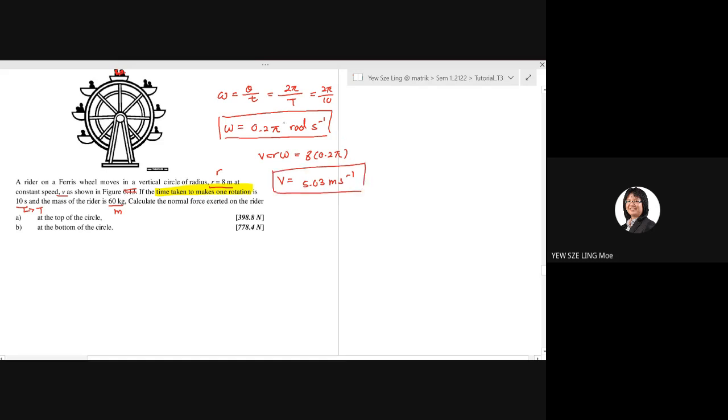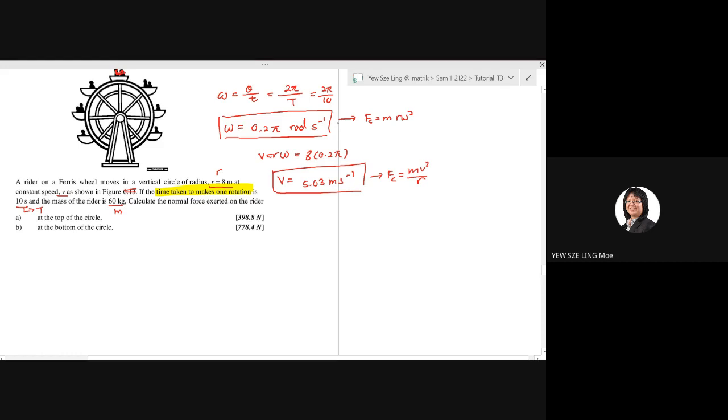The only difference is that if you use omega, you are going to have Fc equals m r omega squared. If you use v, you are going to have Fc equals m v squared over r. So eventually you still get the same answer. It's up to you which one you want to use.